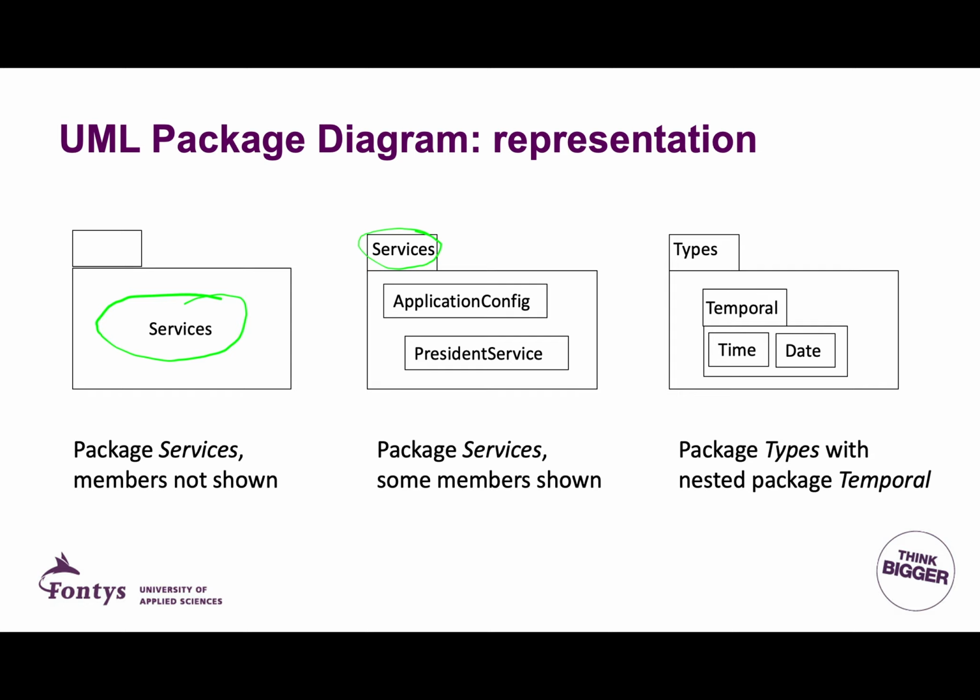And if you have other members in there, in this case two classes, application config and president service, you can do it like this. Or you can also have packages, in this case package type, and again you have a sub package in there, temporal, and in there are then, for example, classes, so you can have it nested.